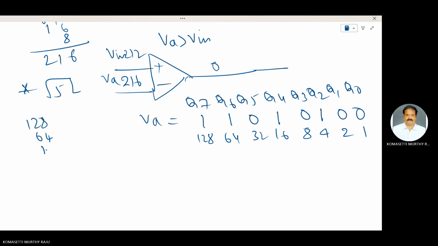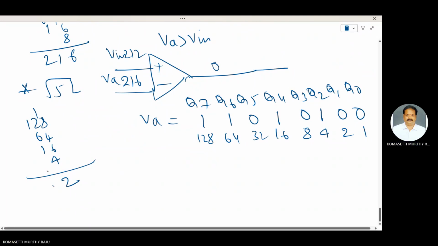Adding 128, 64, 16 and 4 gives 212. This one is 212.